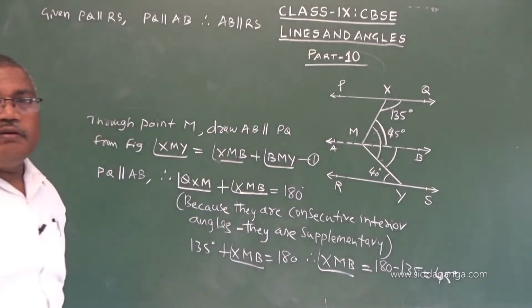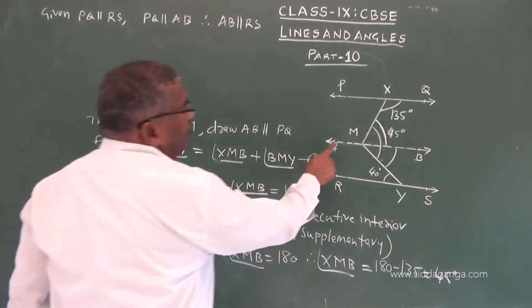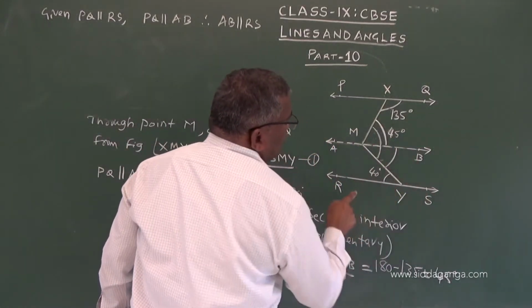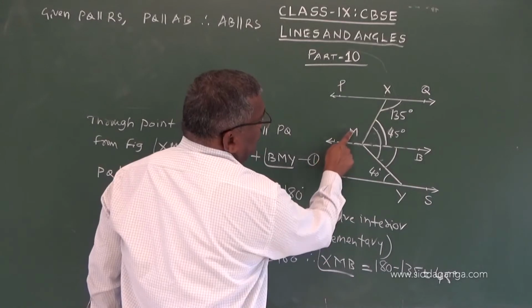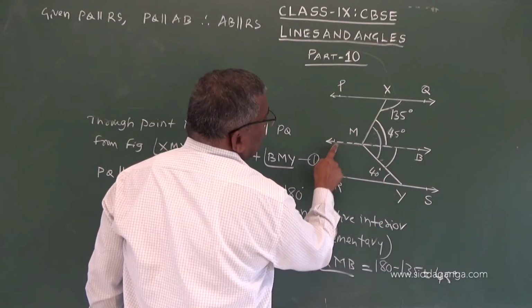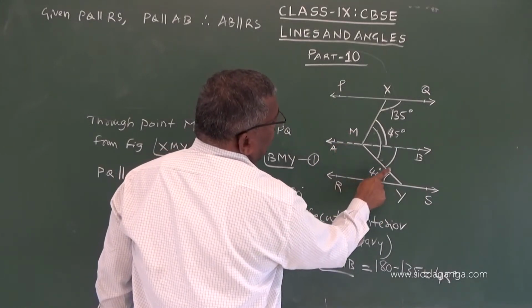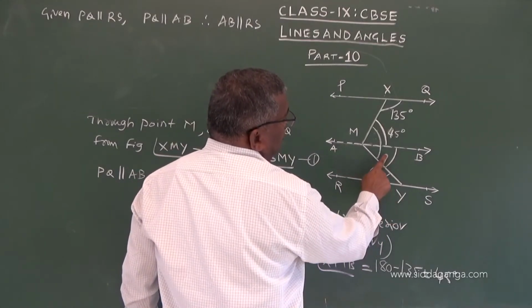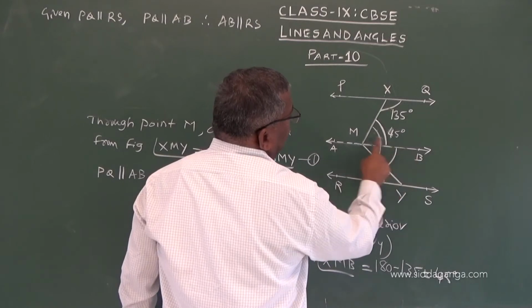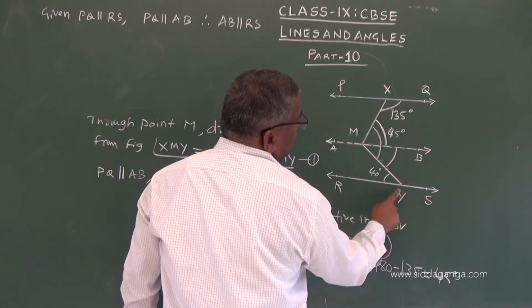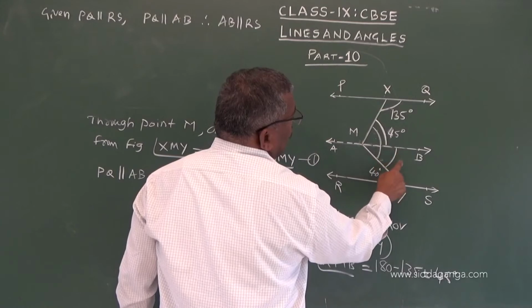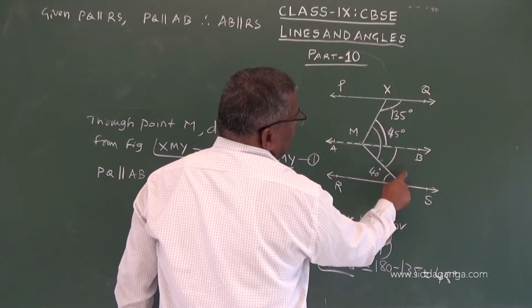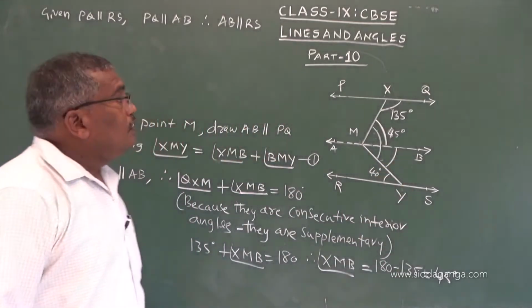So when AB is parallel to RS, here AMY, you can see, you can consider these two, BMY and SYM. These two are again supplementary angles.